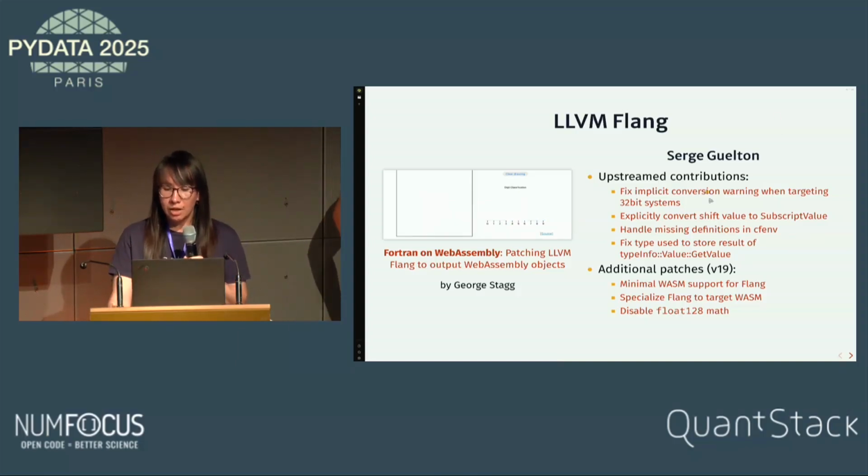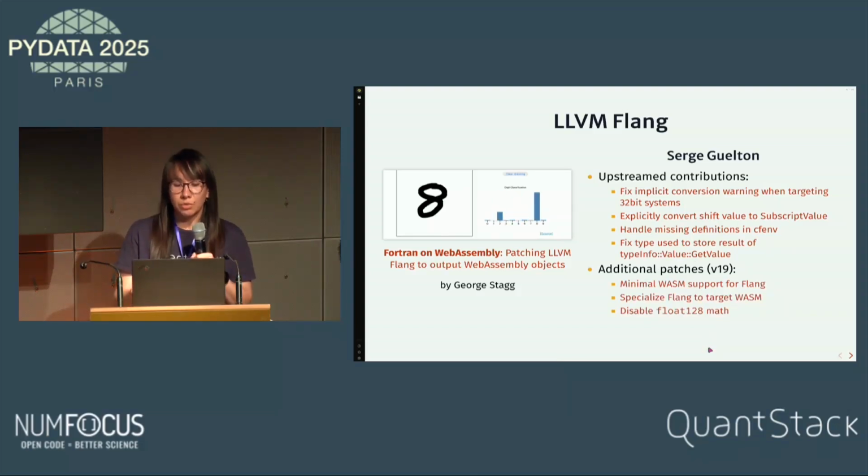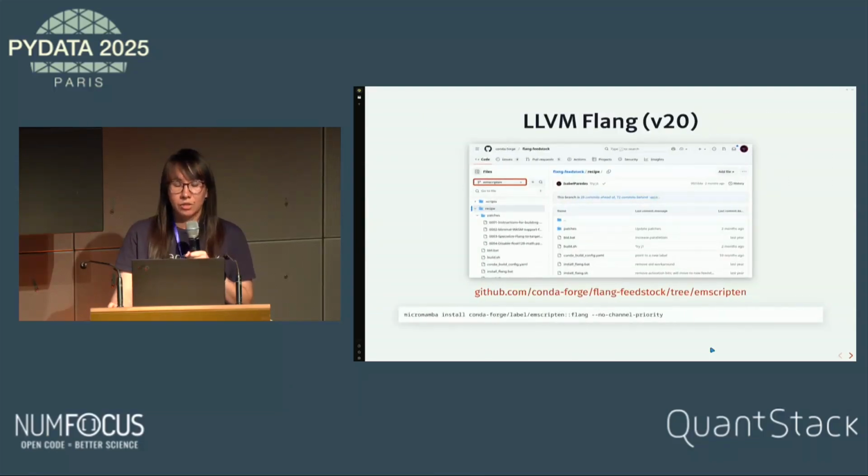Most of these patches have already been upstreamed, so they're now part of the LLVM project. We then just need 3 additional patches to be able to output WebAssembly. Then we had to package this patched version of Flang. We maintain a recipe on the Flang feedstock in conda-forge, under the Emscripten branch. If you would like to try it, you can install it with Micromamba or Mamba or whatever you use.